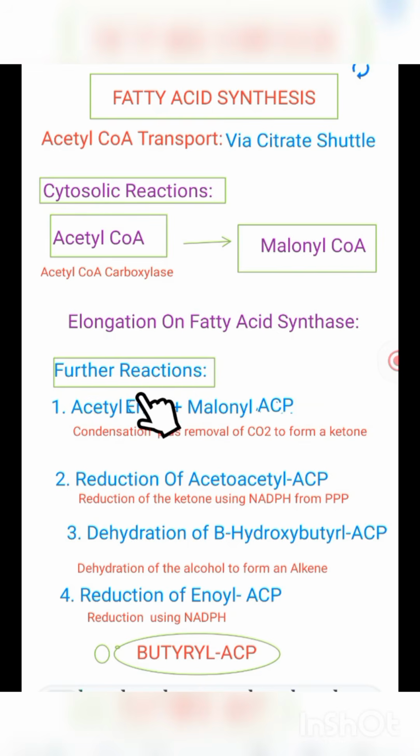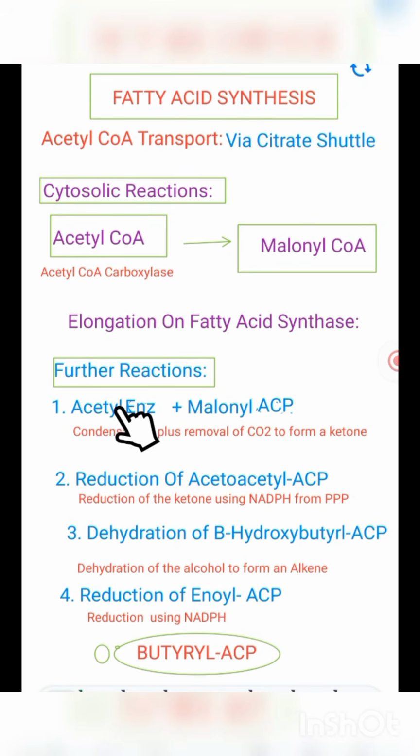This condensation involves the removal of a carbon dioxide molecule, meaning that what we are forming is a 4-carbon molecule. Now, it is that 4-carbon molecule that is of utmost importance. It is very, very critical.